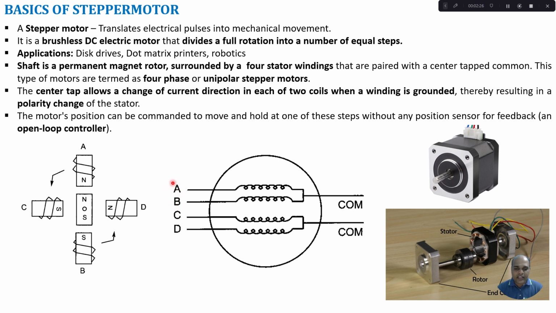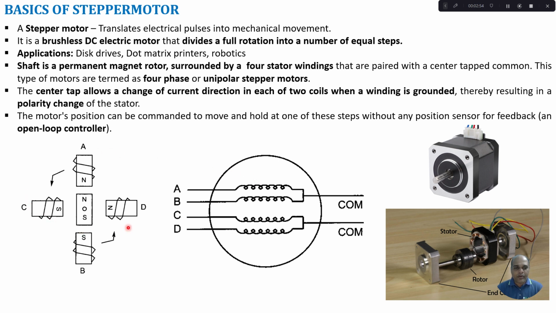Whereas if I set A to be 0, in that case the current will go from the B coil into the A coil and get grounded. Thereby the change of current direction can be achieved. If the change of current direction is achieved, the magnetic field produced will also change its polarity. Depending upon that, the rotor will get aligned to that magnetic field.